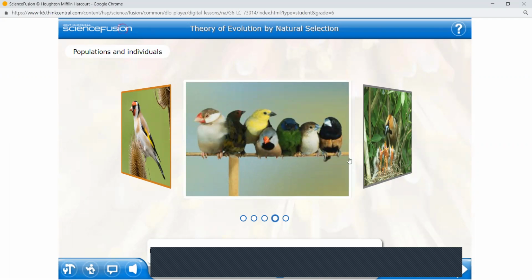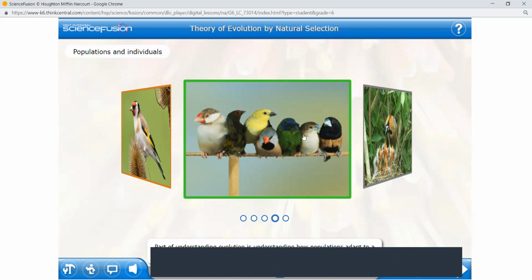See, these all are different species. These all are the same bird, but they are different species. Part of understanding evolution is understanding how populations adapt to a particular environment. Scientists can study two or more different populations of the same species to determine how each population has adapted to the environment in which it lives.